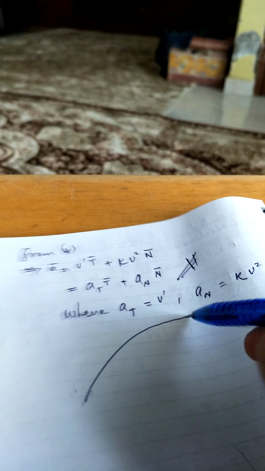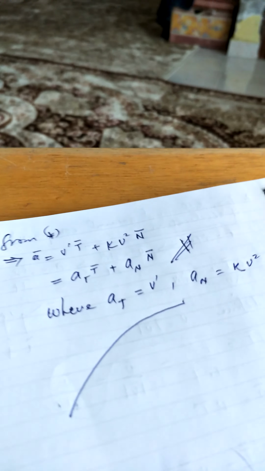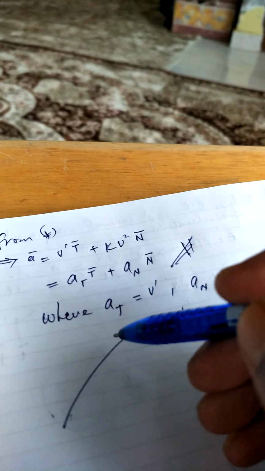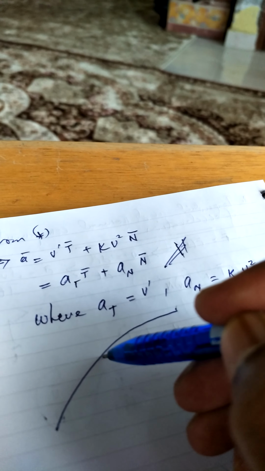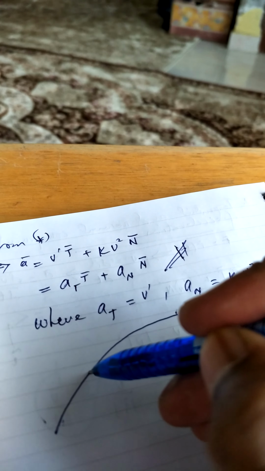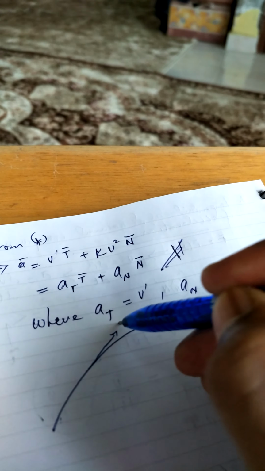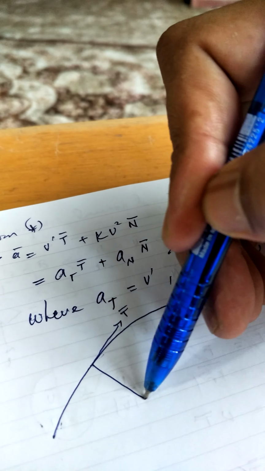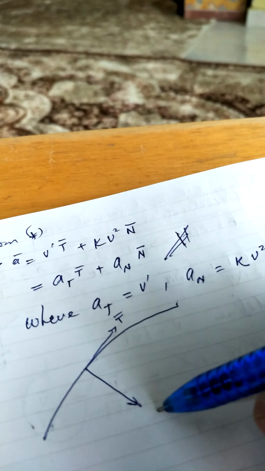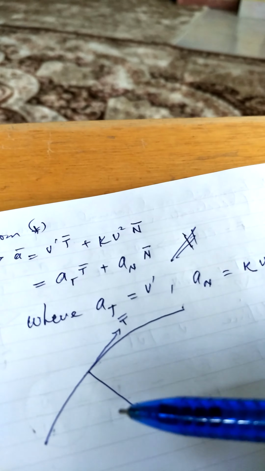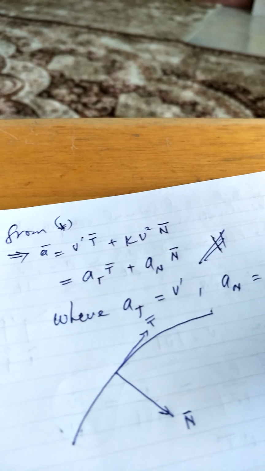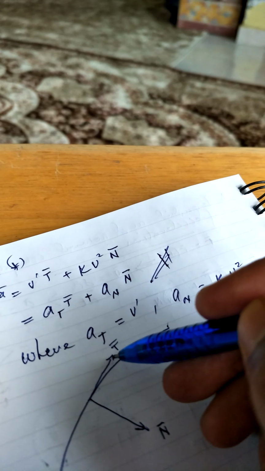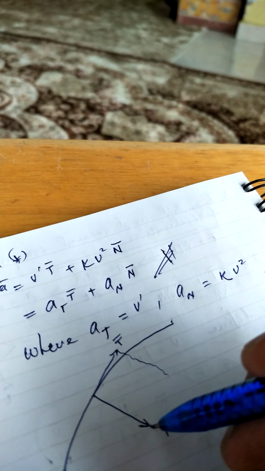Let me stress this again. If this is the trajectory of some particle, and the acceleration can be written as that, which means we have a tangent vector here, and a normal vector here. Remember that the normal vector is always pointed inside the curve, and A is given as the summation of these.